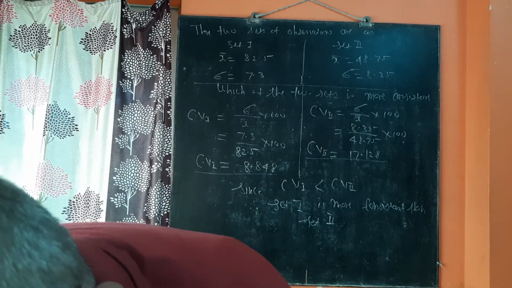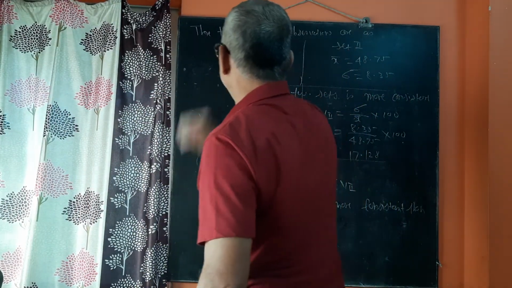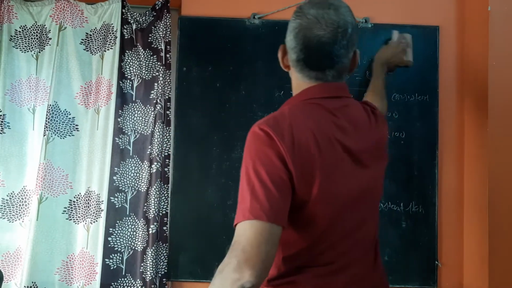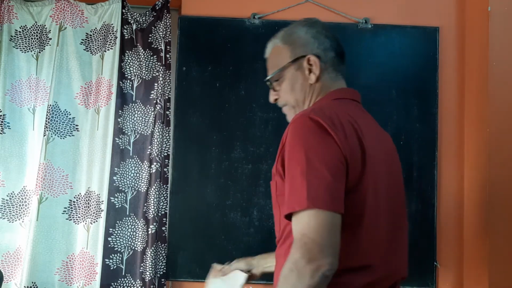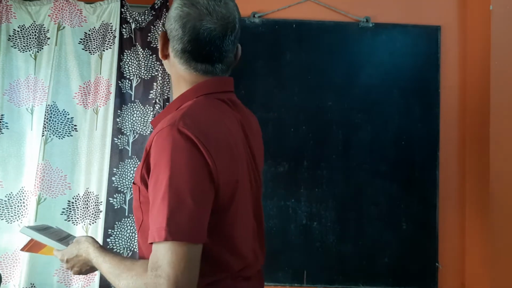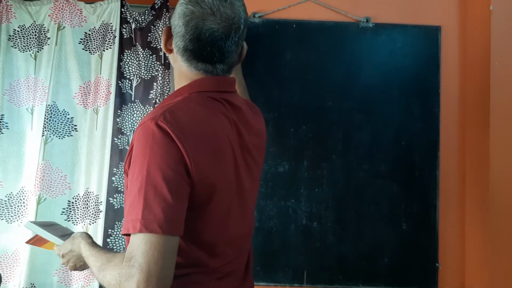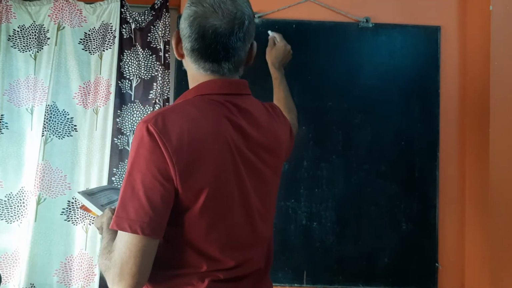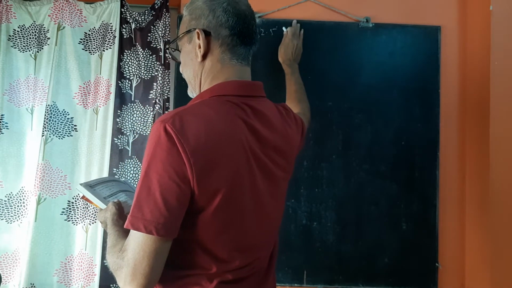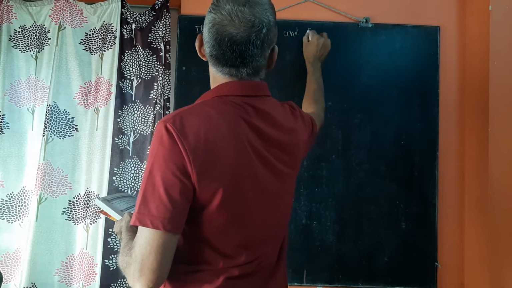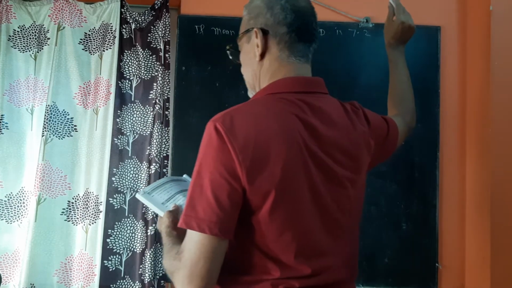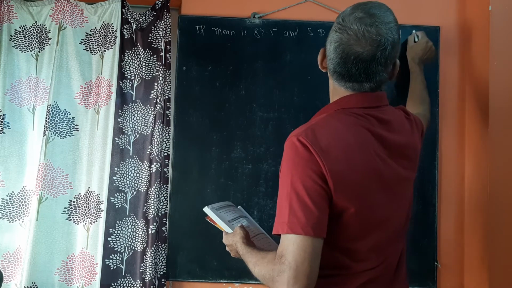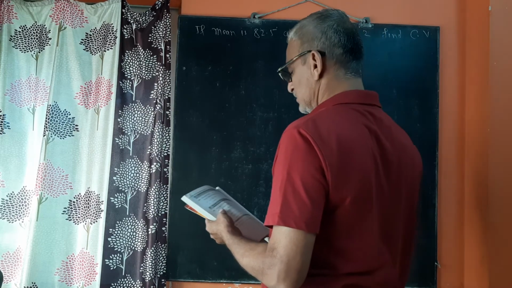So, if mean is 82.5 and standard deviation is 7.2, find coefficient of variance, C dot V, that means coefficient of variance.